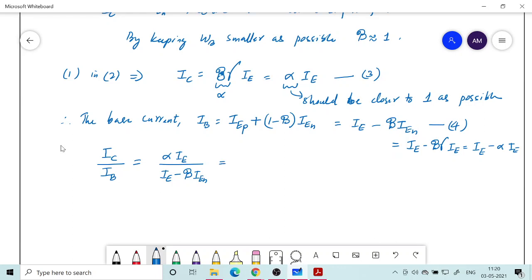So that is equal to alpha IE divided by IE minus alpha IE. If I cancel IE from numerator and denominator, I will get alpha by 1 minus alpha, and this is what we call beta.